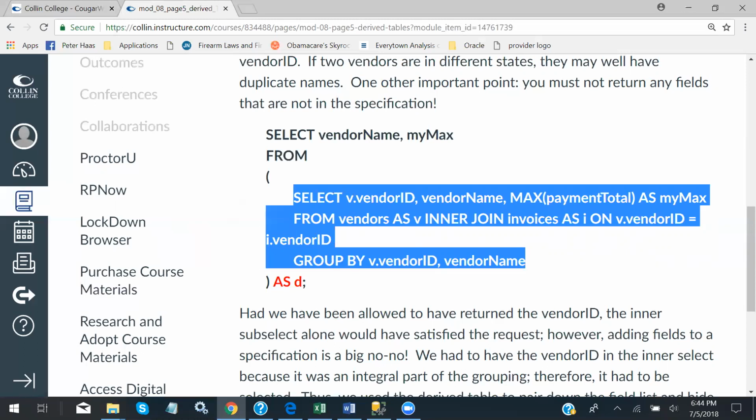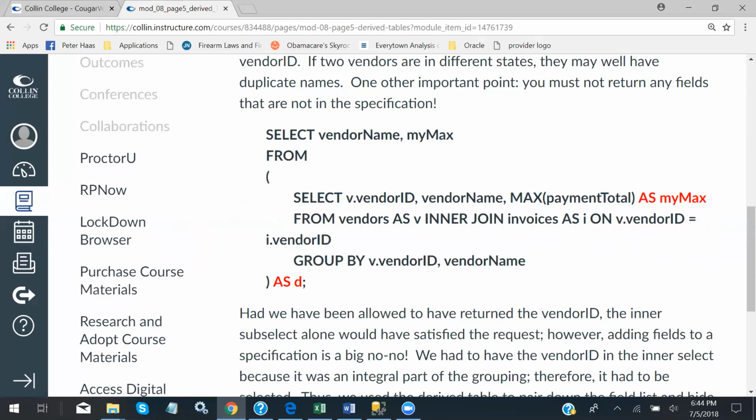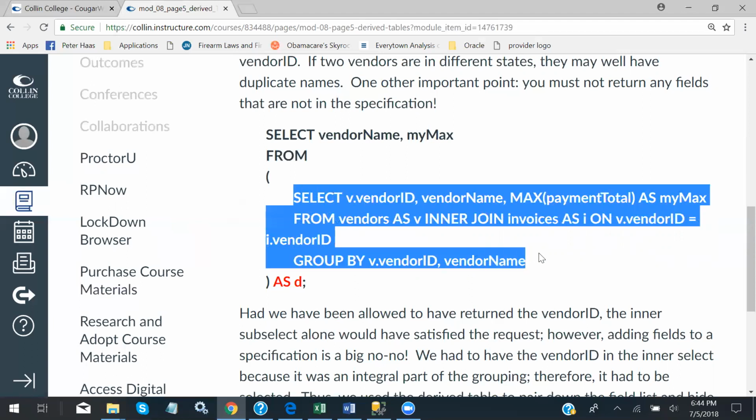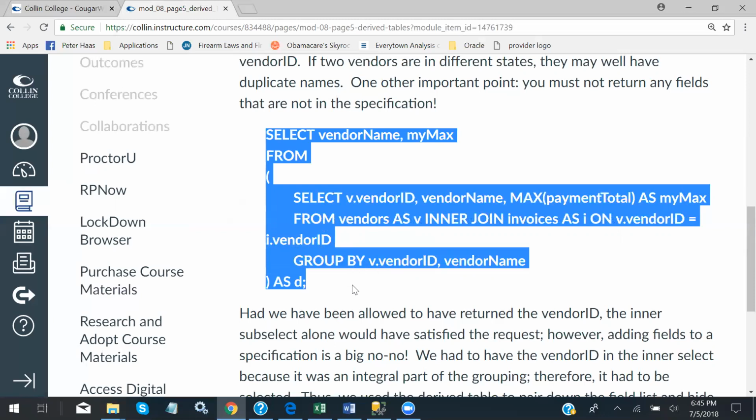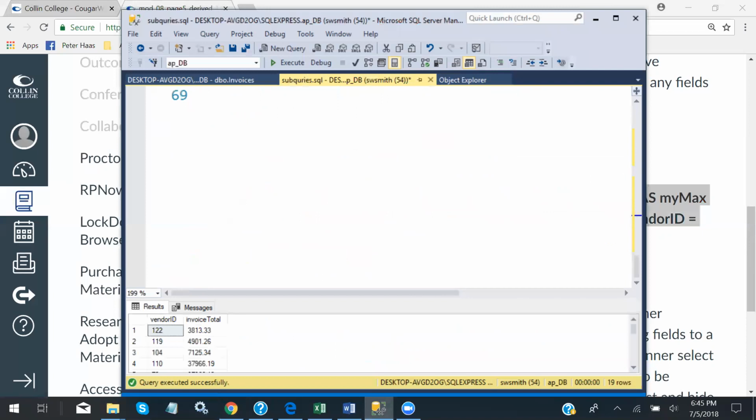A select from where query is a table. Therefore, I can have a select from where query that selects from this table. So this table right here, it's a table. Select vendor ID, vendor name, max payment total as my max, from vendors, inner join invoices, group by, and all that stuff. So let me go ahead and bring this one over to my execution table.